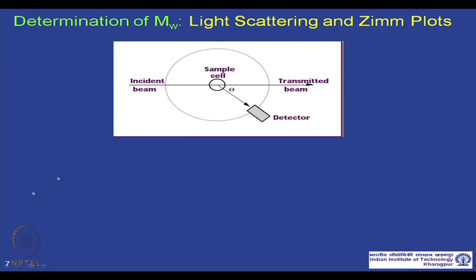So, what is done in the experiments? An incident beam is bombarded on a sample cell which contains the polymer solution, and then the intensity of the scattered light is detected at an angle theta with the incident beam.